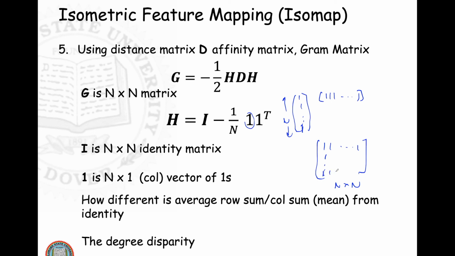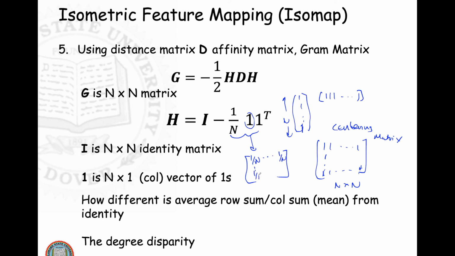And what is that matrix? That matrix has a name. It's called the centering matrix. And how the centering matrix works, you'll notice here, I have 1 over n, and it's the average of this matrix that has all ones in it. So essentially what that gives me is a matrix with all 1 over n in every single entry.